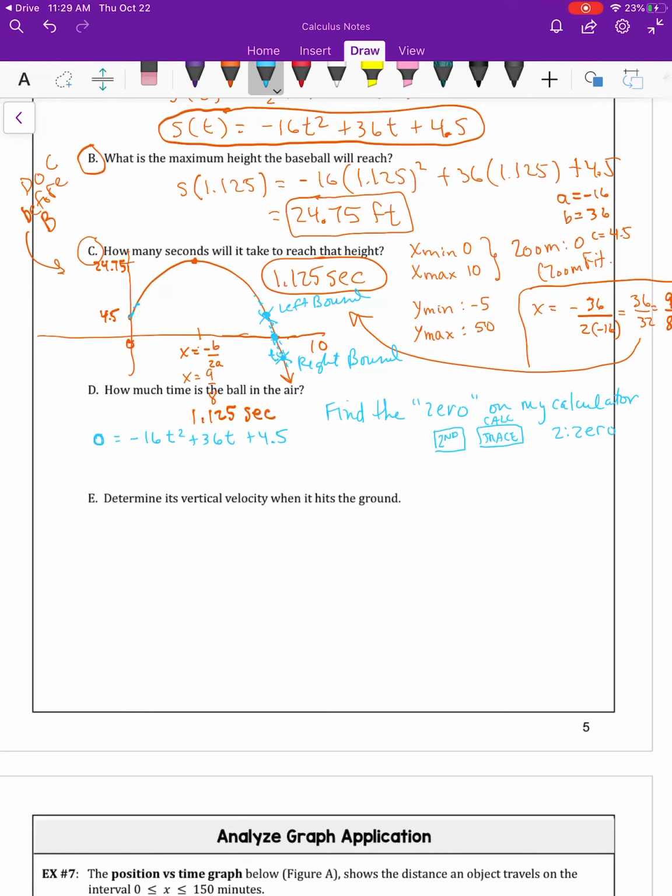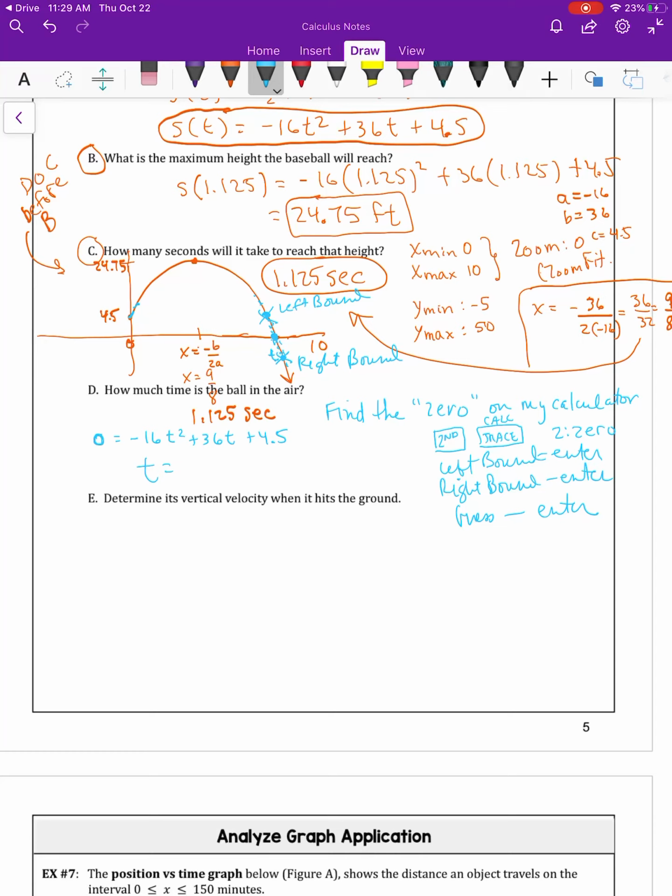So left bound, enter, right bound, enter, guess, enter.